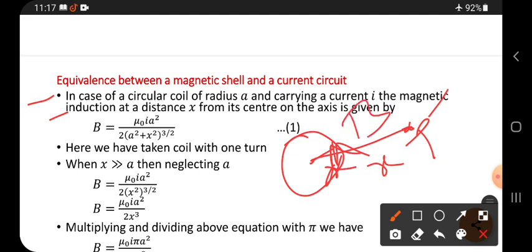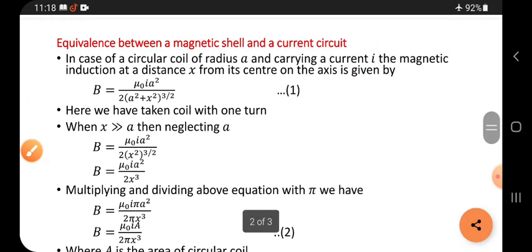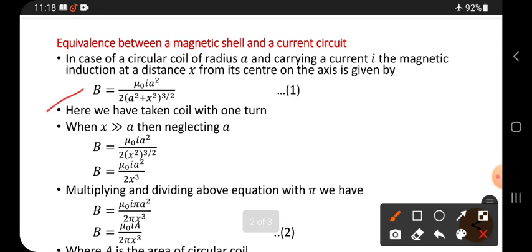This is already calculated in another video, so watch that video to see how this equation has come. B is equals to mu naught I A square by 2 into A square plus x square power 3 by 2.